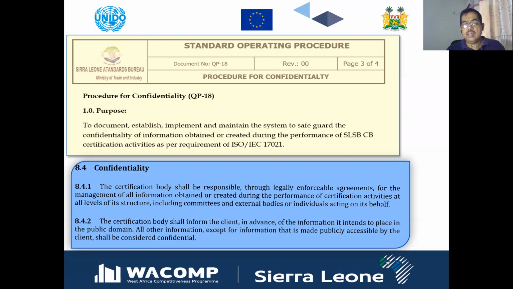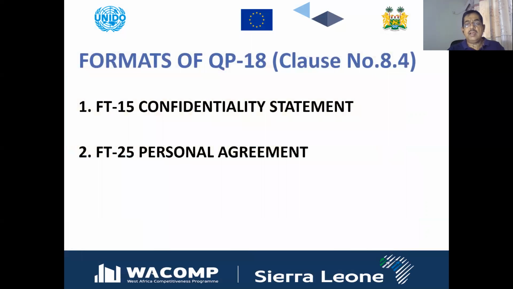You have to sign the legal agreement with them that they will not disclose any information with respect to the management system certification body. So this is a clause, and in this clause, QP18, clause 8.4, there are two formats. Format 15 is with respect to confidential statement, and FT25 is with respect to personal agreement.